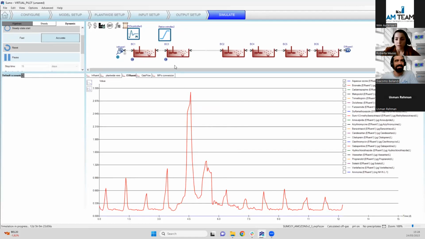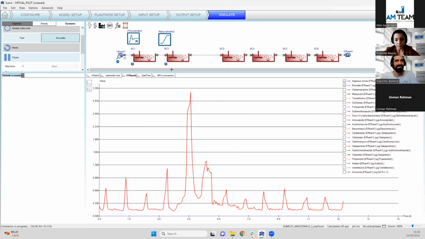So with this fast and dynamic simulation, we can already think of possible improvement in the operation, so possible smart dosing strategy between rain and dry weather condition.